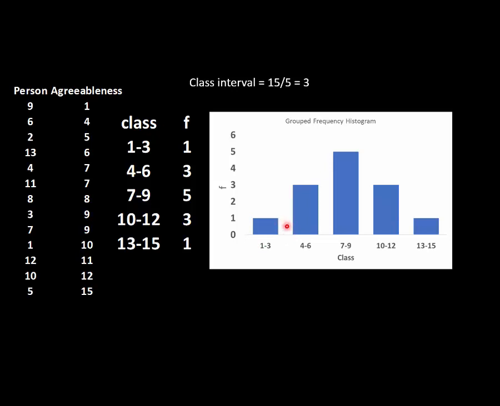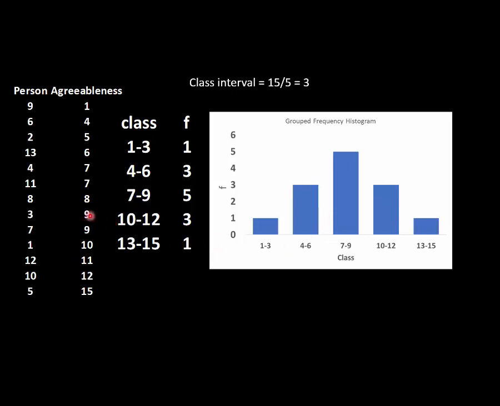Fantastic. Now, something that I realized I forgot to mention when I did the video on frequency histograms is why the gap here, and what is the deal with the gap? Sometimes there's a gap, sometimes there's not a gap. What's the deal? Well, there's no hard and fast rule, but there is kind of a guideline for this, sort of a tradition, you might call it. And the tradition is this. If your measurements are continuous, then in your histogram, make the bars touch. No gap between bars for continuous data, for representing the frequency histogram of continuous data.